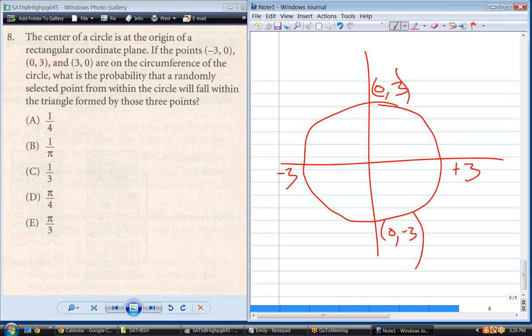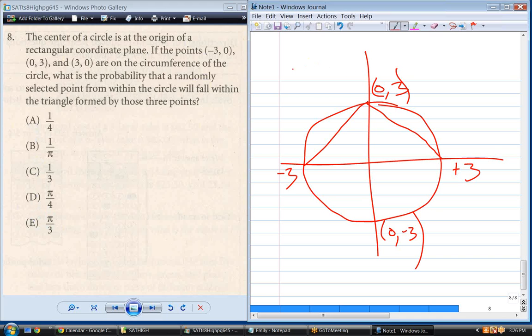What's the probability that a randomly selected point from within the circle will fall within the triangle formed by those 3 points? Less than half or more than 1/2? Less. Unfortunately, all the answers are less except D and E, so we can eliminate those. So we're limited to A, B, or C.